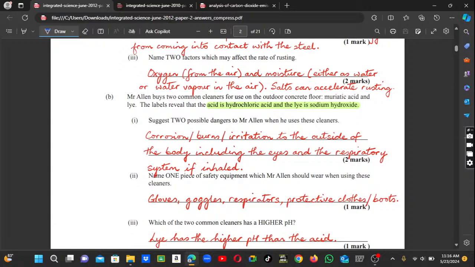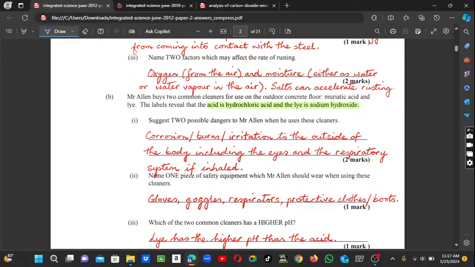So when Mr. Allen uses the common cleaner on the outdoor concrete floor, it would cause irritation outside of the body, in his eyes or his respiratory system if he inhales these corrosions or burns.